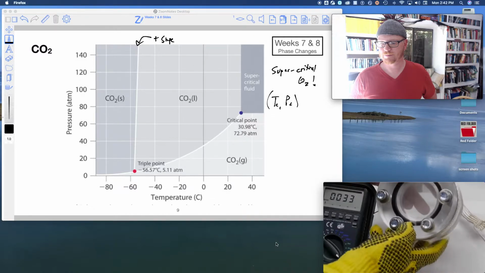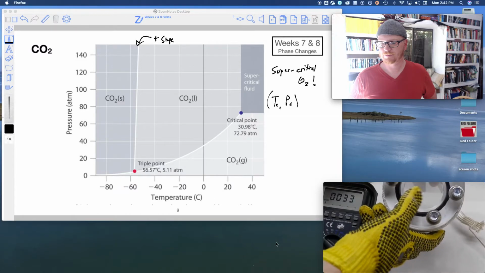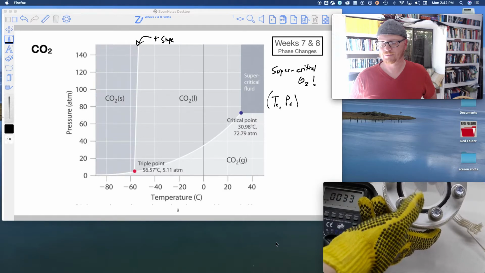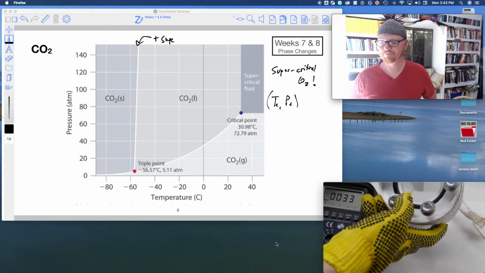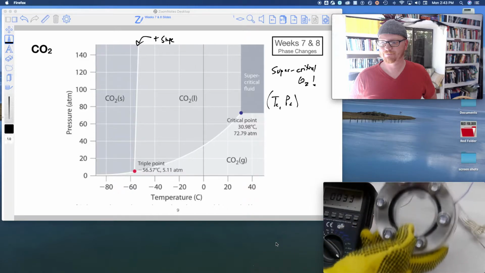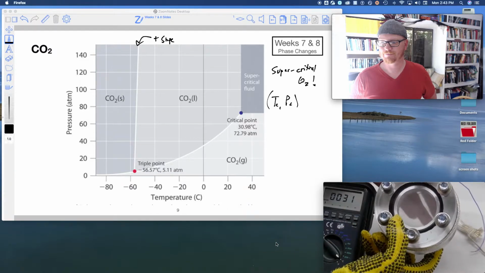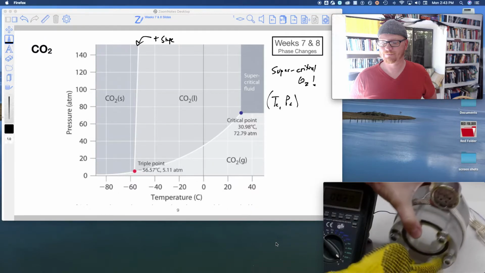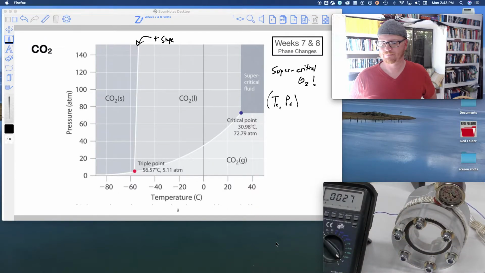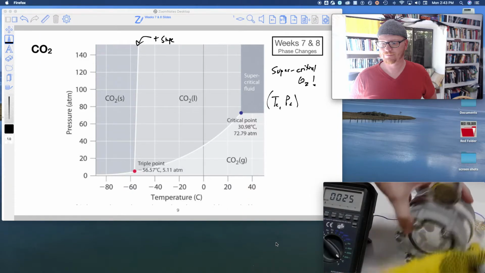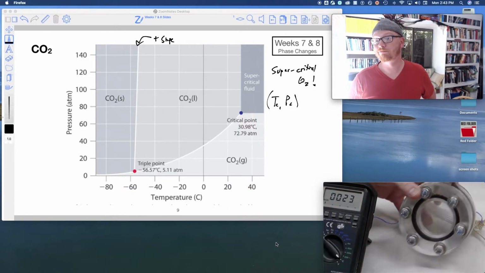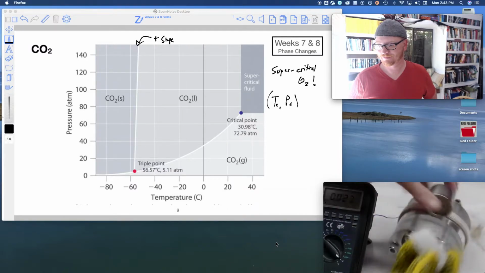The CO2 has gone supercritical, meaning that the density between the liquid phase and the gas phase eventually became so similar that they blended together. So it's all one continuous phase in there now. Now to transition back, what I'm going to use is just a piece of dry ice, and I'm going to hold it against the aluminum on the outside here to bring the temperature down quickly.